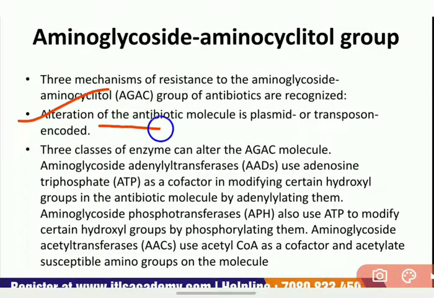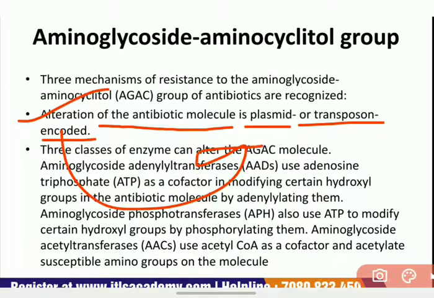Alteration of the antibiotic molecule is plasmid or transposon encoded. The alteration is plasmid encoded or it is transposon mediated.